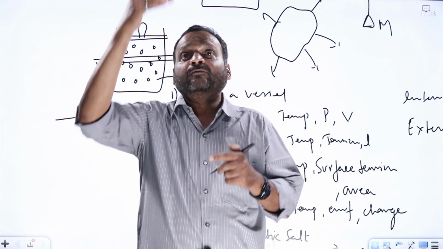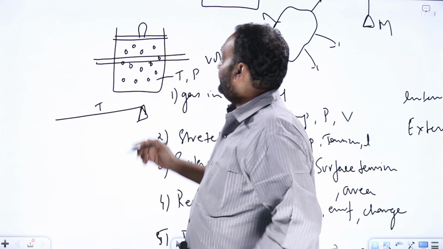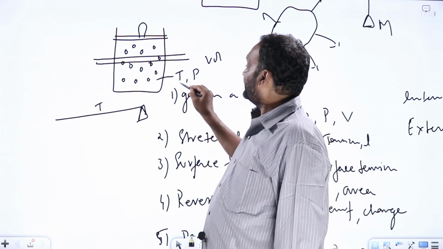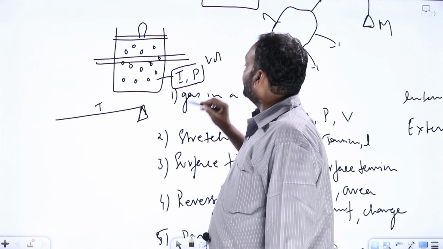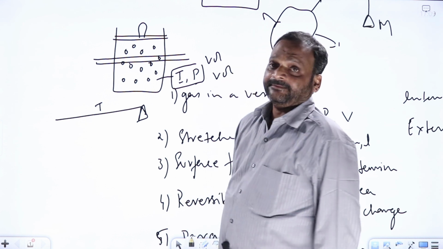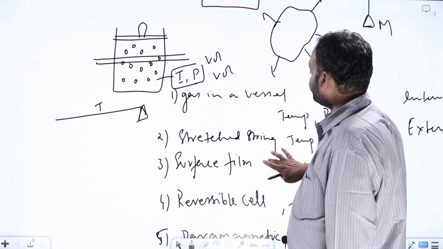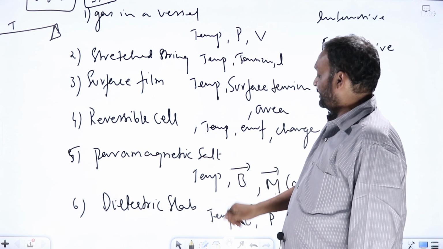What changes is only volume: volume of the room becomes half, volume of the gas becomes half. So volume depends on the quantity of matter without changing temperature and pressure. So temperature and pressure are intensive variables. Volume of the gas is an extensive variable. Similarly, in the case of a stretched string, temperature is always an intensive variable.